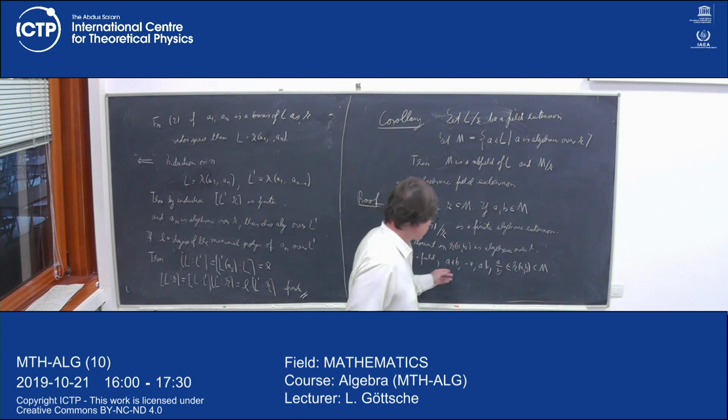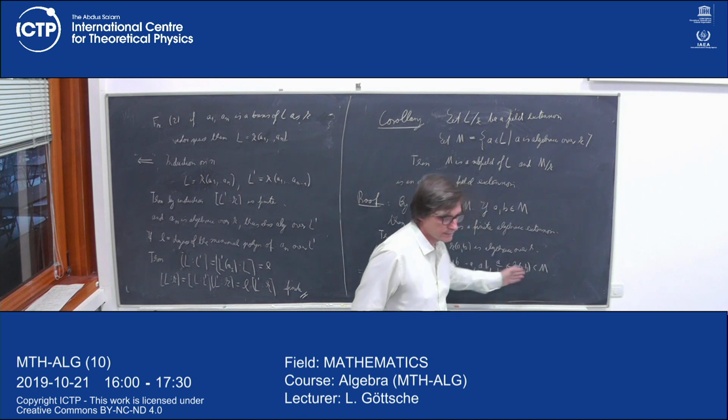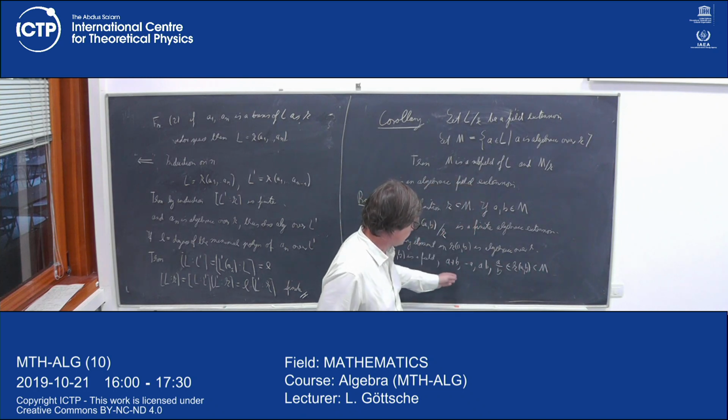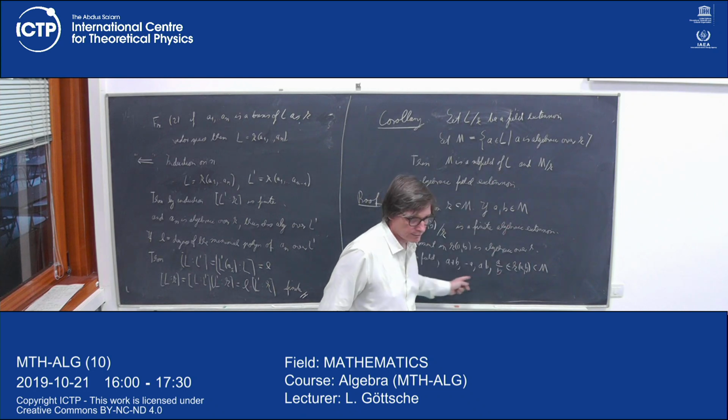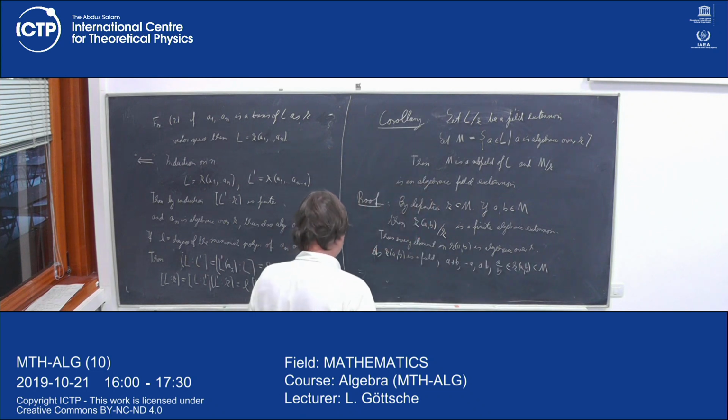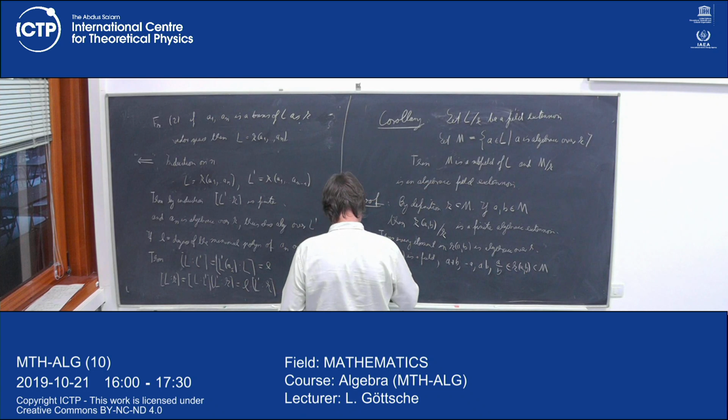Thus we see that M is a field. So it's a subset of a field which is closed under all the operations of a field, so it's a subfield. Because M is a field.